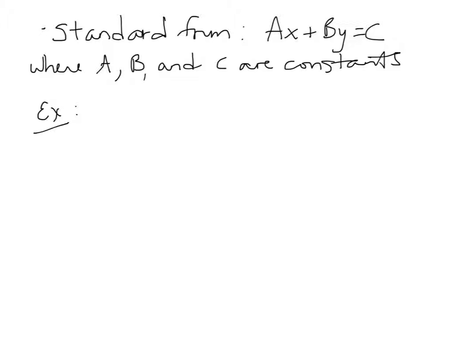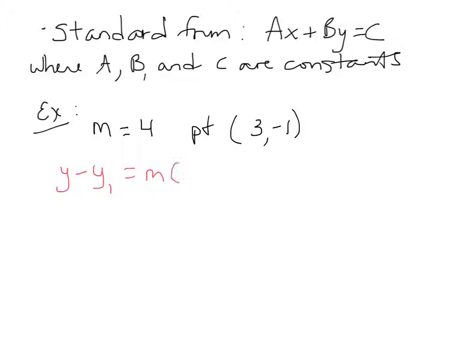All right, we're going to try an example of point-slope form and standard form, since I'm assuming that everyone remembers vertical and horizontal lines and y equals mx plus b. So if I tell you that the slope is 4 and you're given the point (3, -1), if I want to use y minus y1 equals m times x minus x1, this is my slope, this is x1, and this is y1.